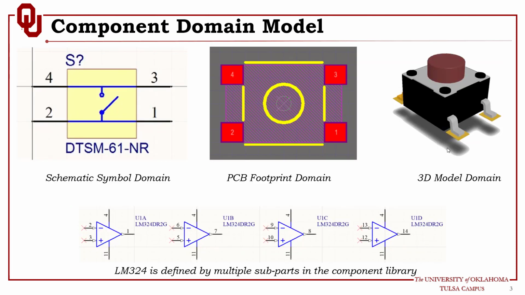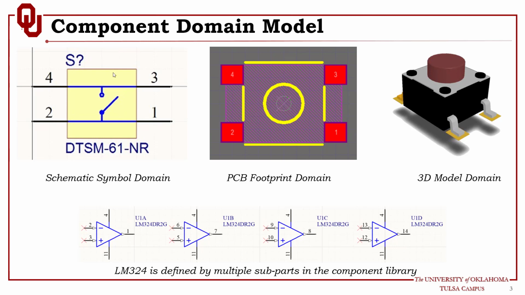The physical component that is mounted on the completed printed circuit board is represented in Altium Designer in a variety of ways. On the schematic, for instance, as we can see in here, the component is represented by a physical or logical symbol. On the PCB design, it's represented by its footprint. And the footprint could be associated with a 3D model.